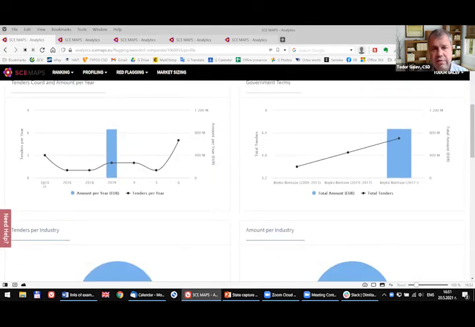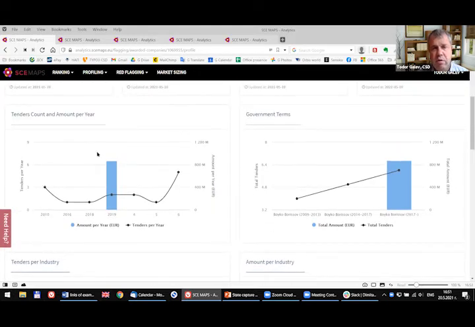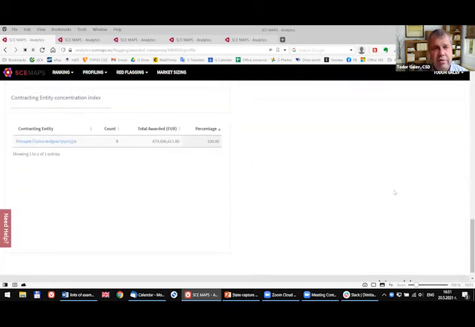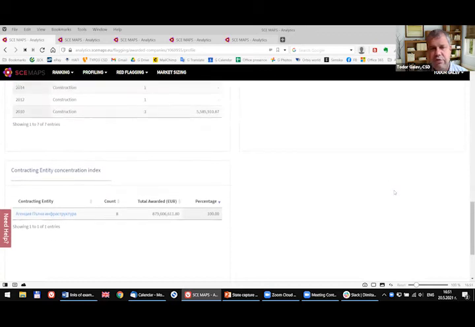And as you can see here below, most of this, even 90-something% of this amount, has been received actually in 1 year only. And here in government terms, you can see that this happened actually during the last government of our Prime Minister Borisov. And here below, you can see some other information about this.